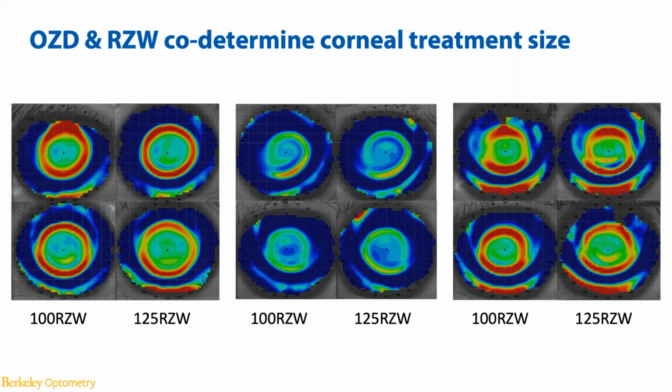So even though this is a smaller pilot study, only involving 6 eyes, but from the consistency, we can tell that it's not just the optic zone diameter, but the combination of the optic zone diameter as well as the return zone width that co-determines the corneal treatment size after ortho K is stabilized.